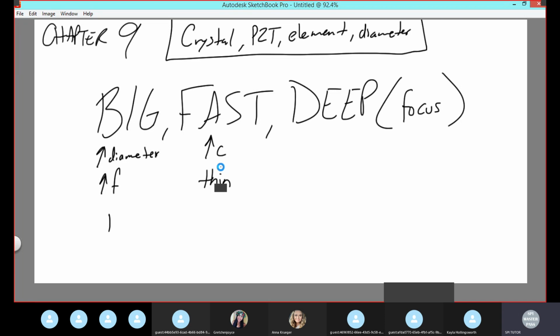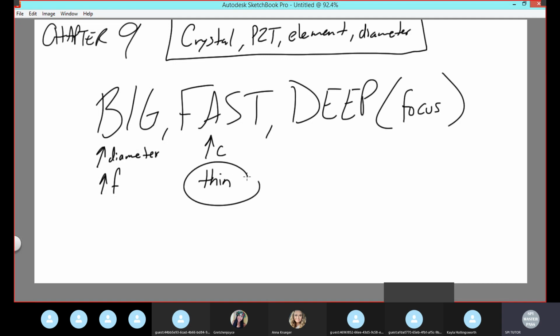So why is it that that's not the case in my rule here? Well, because the book says so, that being thin is going to affect the propagation speed, and then the propagation speed affects the frequency, and then it places it deep. So nothing for you to worry about. Just remember this. So what's the way that I remember that thin is what I'm looking for and not thick?